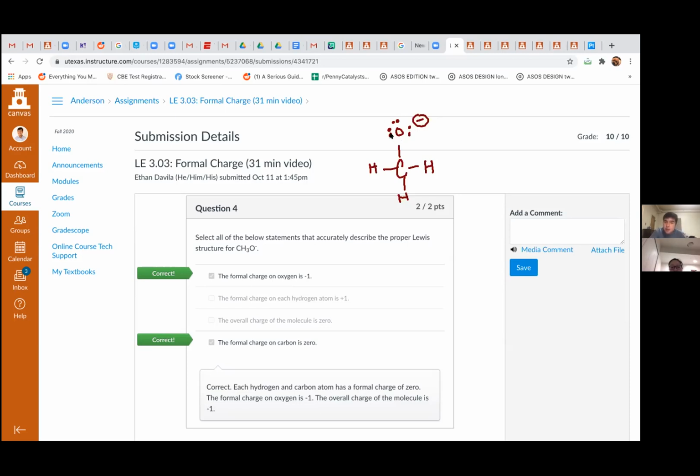So oxygen, its group number is 6, minus 1 bond, right? Minus 6 electrons. Okay. So that's a -1 charge.